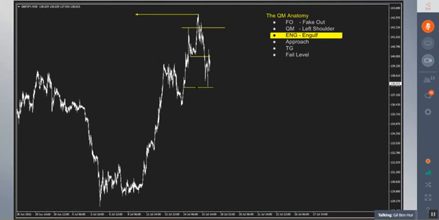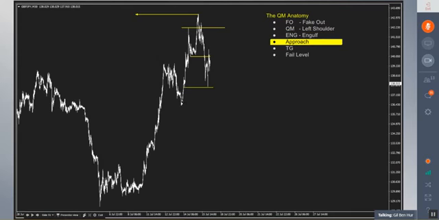If this is going to disqualify the whole QM, the engulf really can just disqualify the whole setup. Okay, so I will tell you my opinion on this. When we have this base that is bounced, but it's not the extreme.